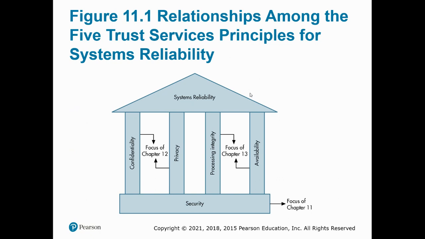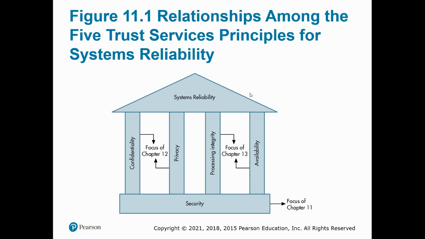One way to look at the Trust Services Framework is this house essentially. Using an analogy of building a house, you need a good foundation, otherwise, the walls are going to fall apart. To keep a roof over your head, you need to have well constructed walls.